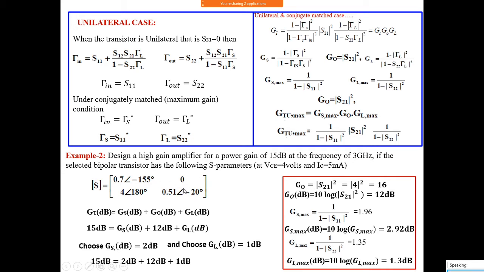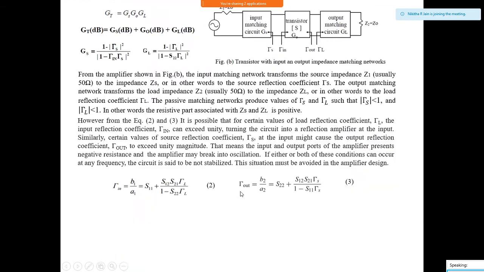For this unilateral case, as we discussed in the previous class, there are maximum values for the source gain and load gain.